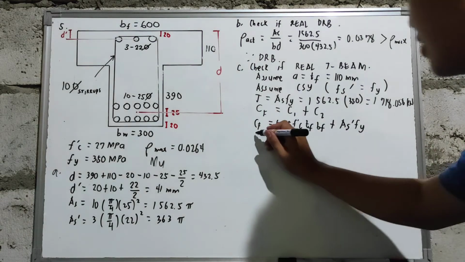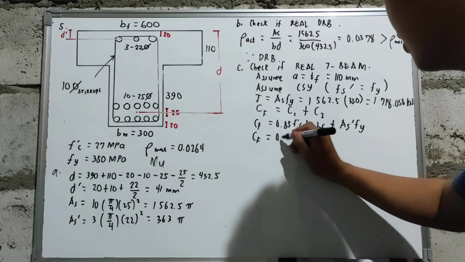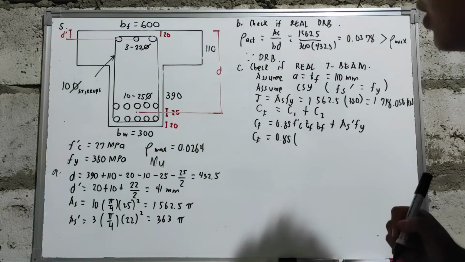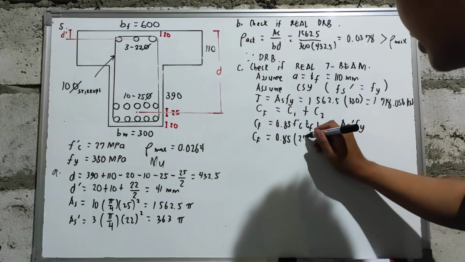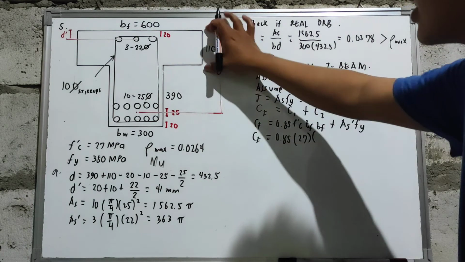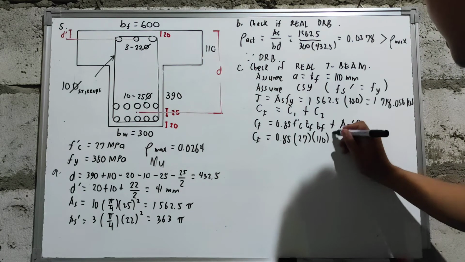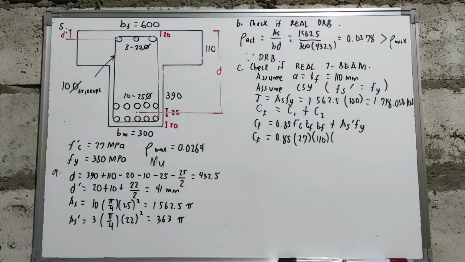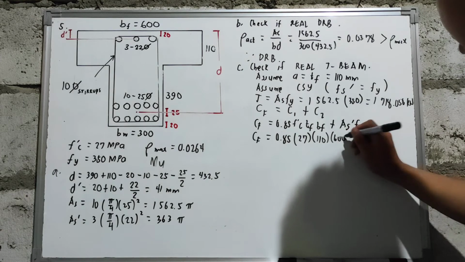So, hanapin natin yung value ng C sub F natin. So, you will have 0.85. So, yung F prime C natin, that is 27 megapascal. The thickness of your flange, that is 110. And the base of your flange, that is equal to 600.